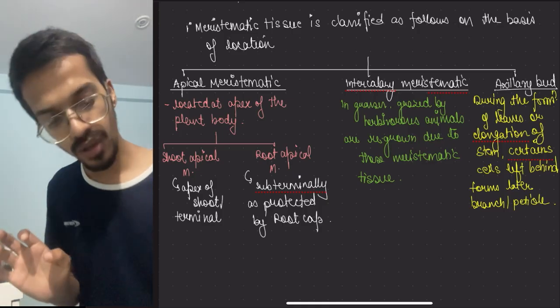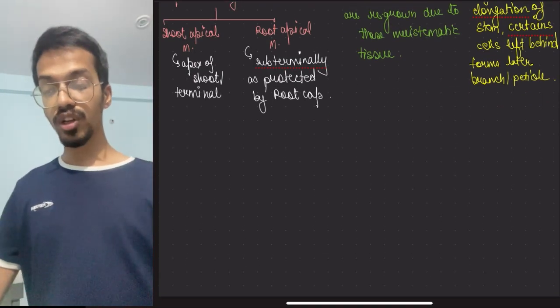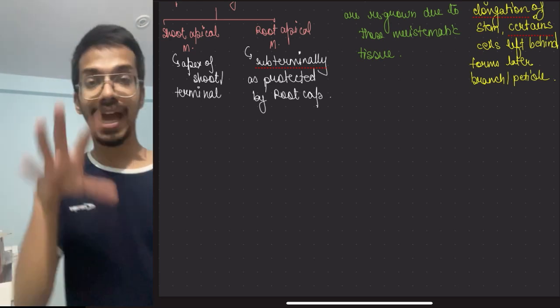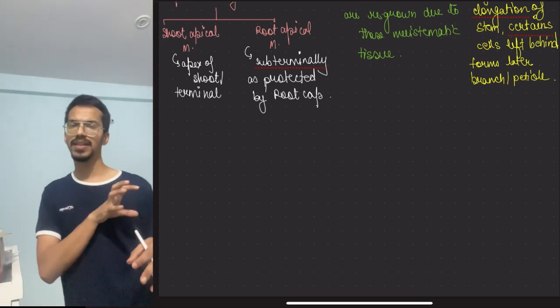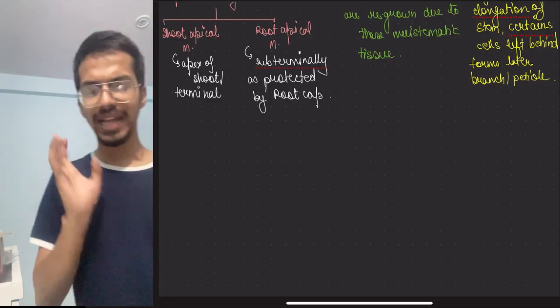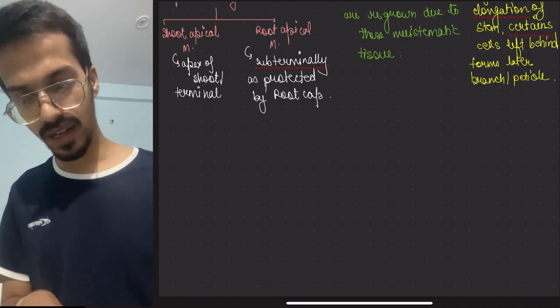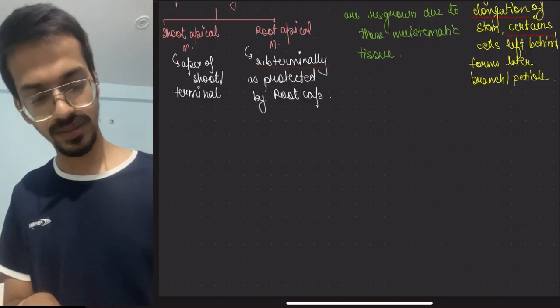Remember, with respect to this, one diagram is given in NCERT, so we're going to make that, which is the diagram representing the shoot apical meristem. Root apical meristem we are not doing now, we will do it at the end. So the shoot apical meristem diagram was given like this.